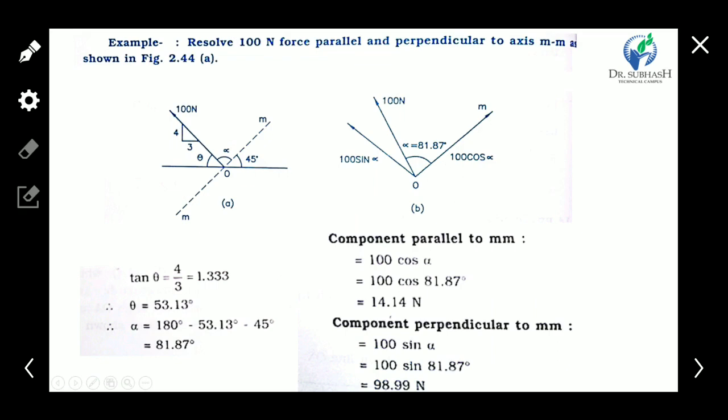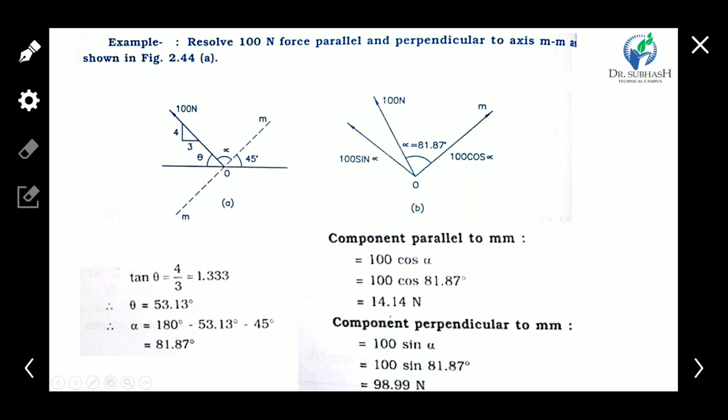See what the resolution of forces is in a particular application. Here, resolve the 100 Newton force parallel and perpendicular to the axis of mm. Here the axis is considered as this mm, and according to that we have to resolve the 100 Newton force.